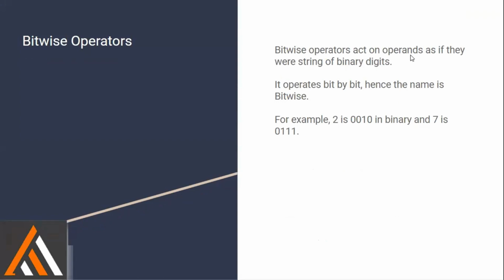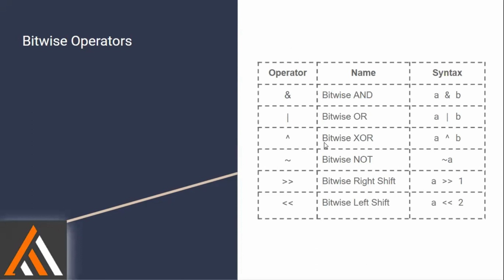Bitwise operators represent actions to be performed on each bit of an operand. We can see here on the screen the number 2 is also known as 0010 in binary, and 7 is known as 0111. So let's see how Python performs operations on bits with the help of bitwise operators.